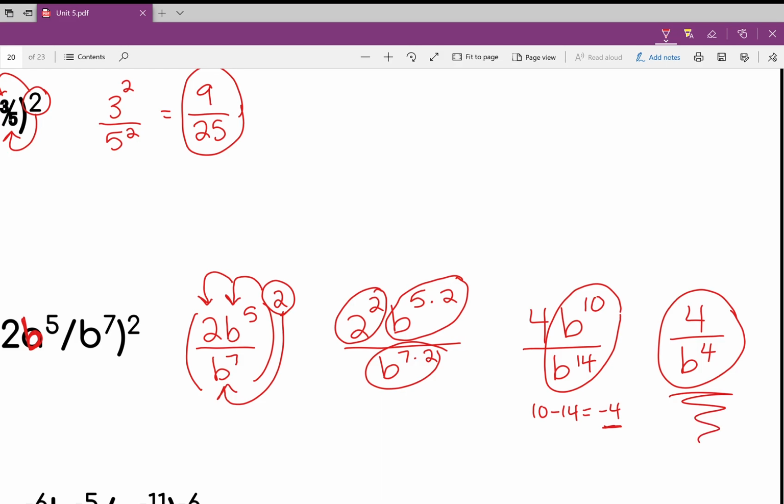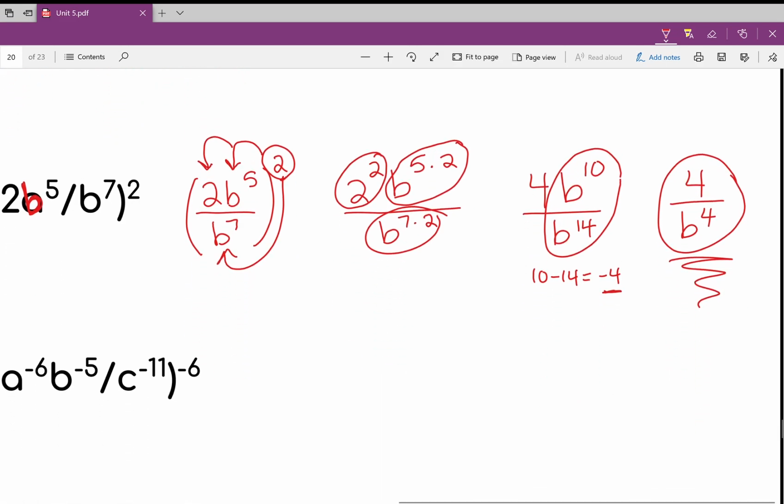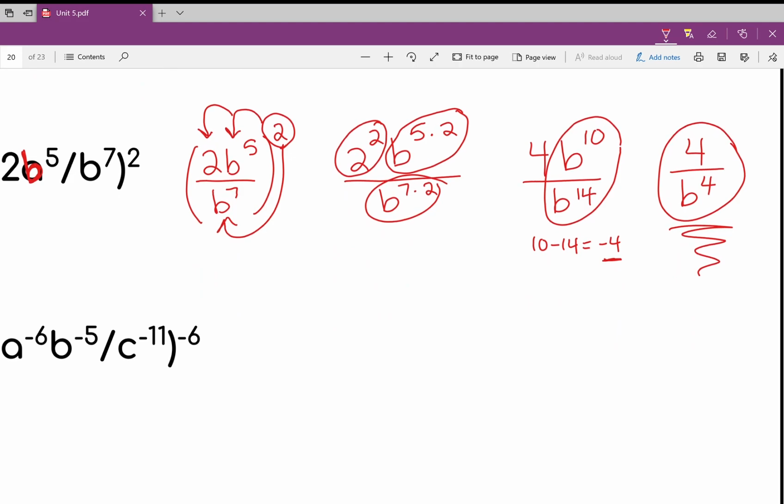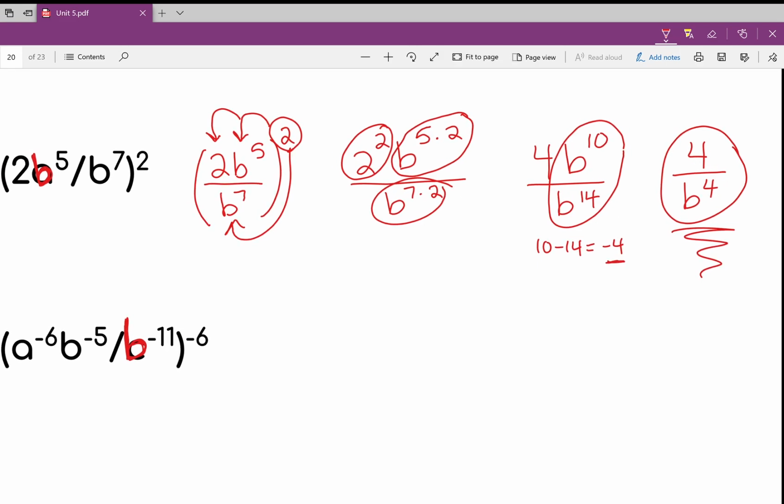Okay, let's look at example 3. Before we begin example 3, I want us to change the C on the bottom to a B. Okay, so this reads A to the negative 6, B to the negative 5 over B to the negative 11, all raised to the negative 6 power.